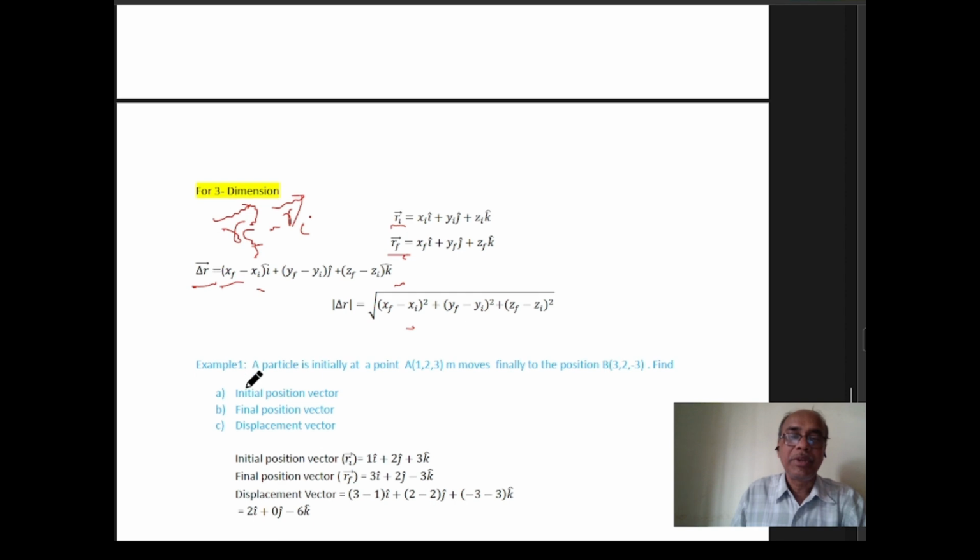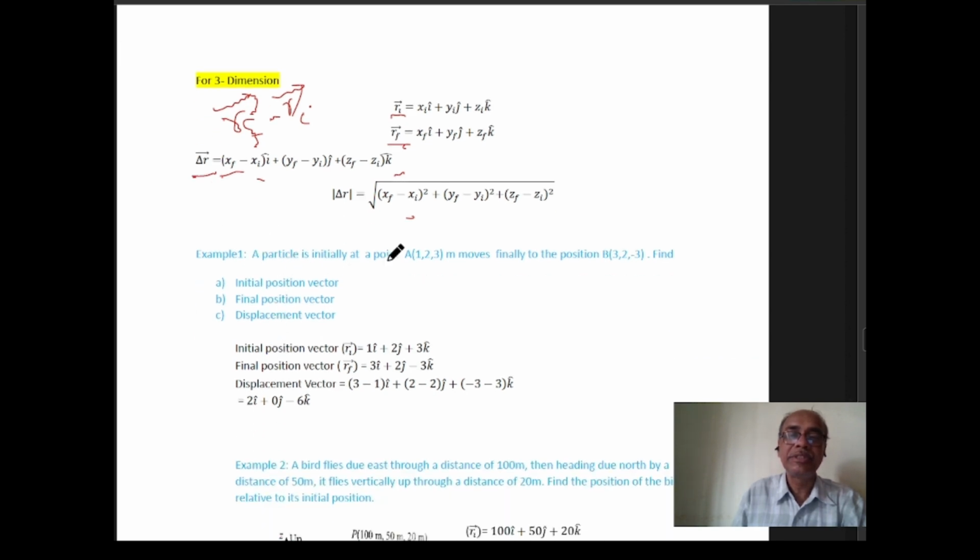Now we take one example. These are the coordinates of A and B. Then what will be the initial vector, final vector, and displacement vector? If i cap, j cap, and k cap are the unit vectors, then the initial vector, at the initial point, equals 1 i cap plus 2 j cap plus 3 k cap, and the final position vector equals 3 i cap plus 2 j cap minus 3 k cap.